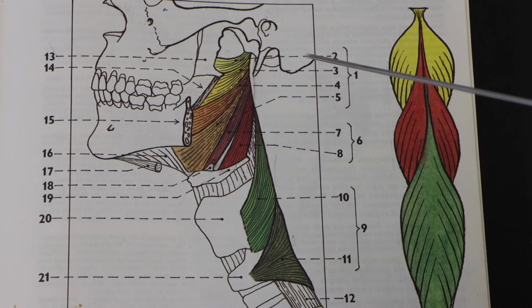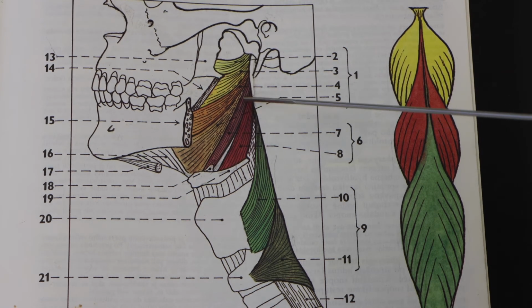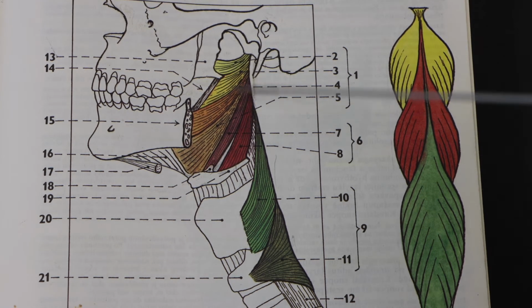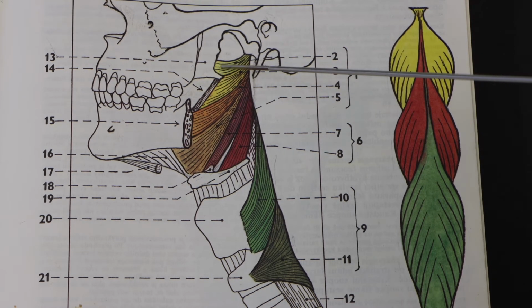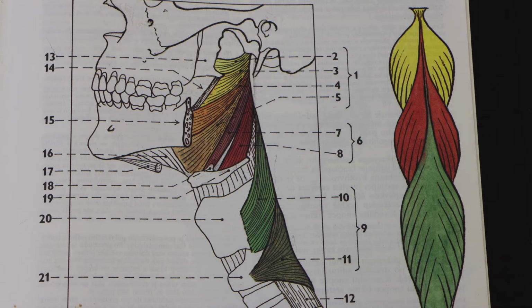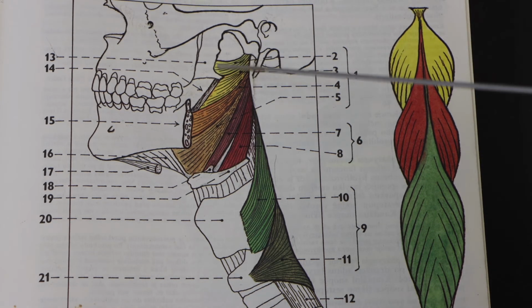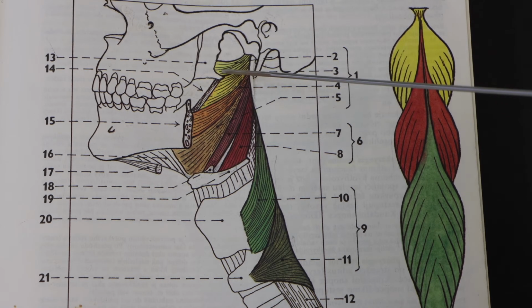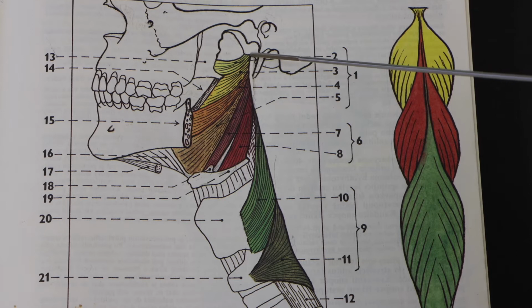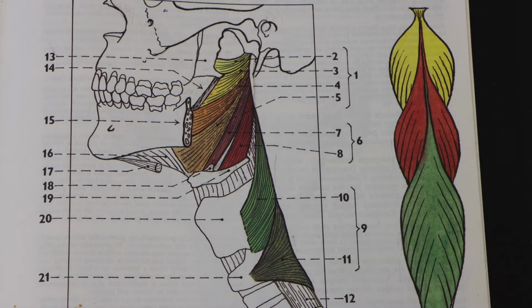So the four parts of the superior constrictor muscle of the pharynx are here. The most superior part originates from the medial plate of the pterygoid process and attaches to the pharyngeal raphe; it is called the pterygopharyngeal part.